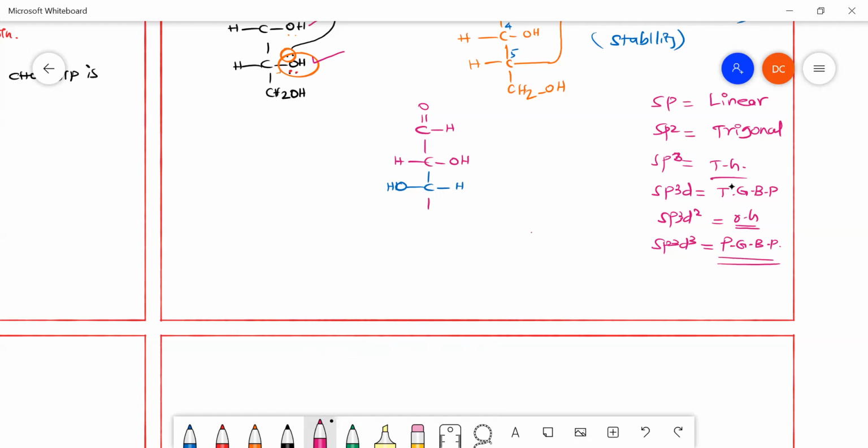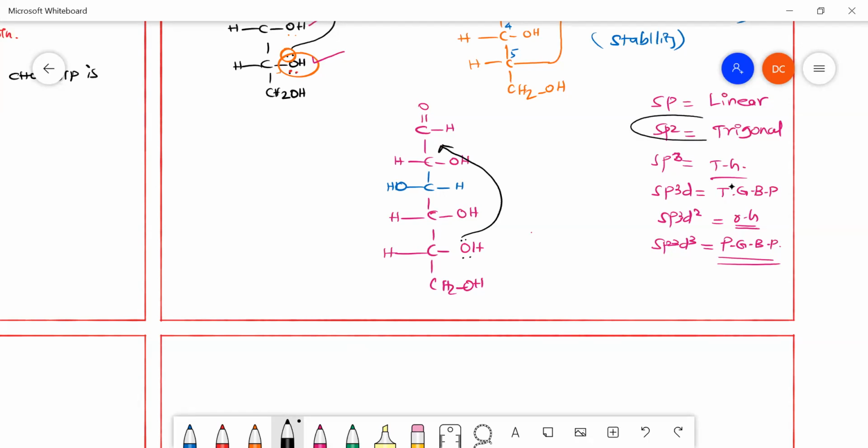So here C, OH, and here also H, and here C, OH, and here also H, and here CH2OH. This is the structure of glucose. Suppose this oxygen will attack from this side. Why?